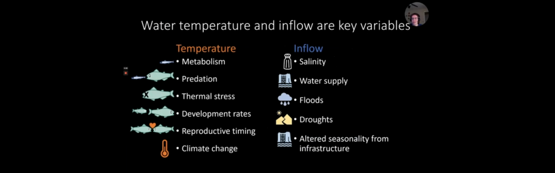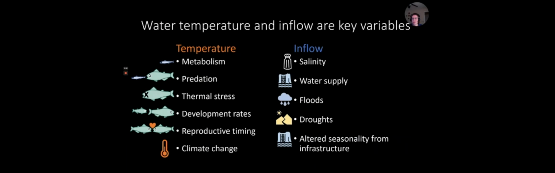Hello, everyone. I'm Sam Bashevkin from the Delta Science Program, and I'm here to talk about water temperature inflow relationships in the upper San Francisco Estuary. As we are all probably aware, water temperature and inflow are both key variables in the estuary.